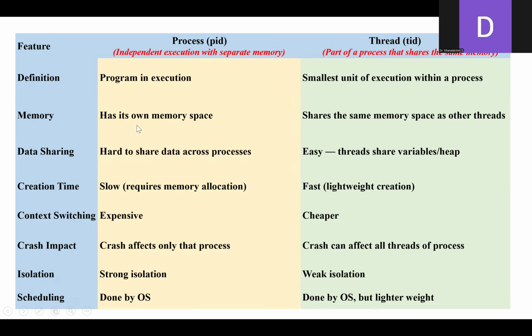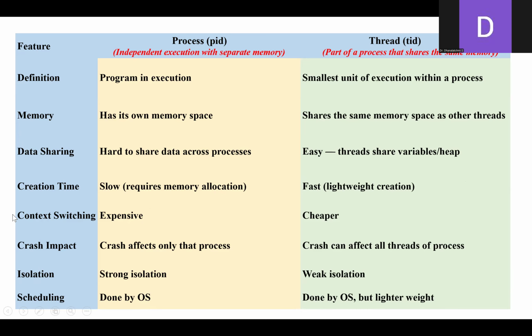A process has its own memory space, whereas a thread shares the same memory space as the other threads. Processes are hard to share data across. It's easy to share here; threads share variables and heaps. Process creation is slow and requires memory allocation, whereas thread creation is lightweight. It's fast.